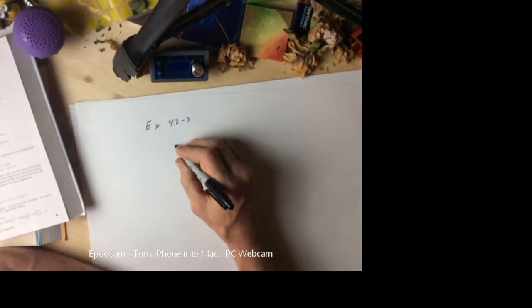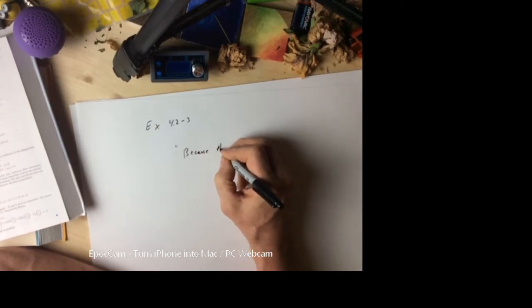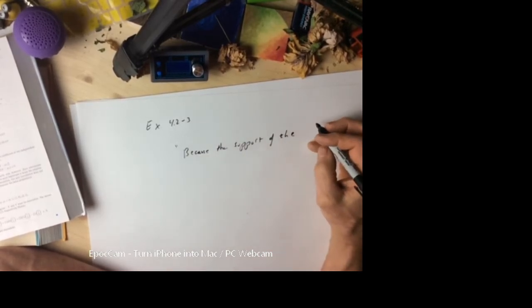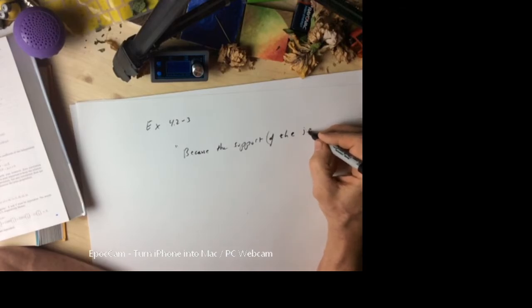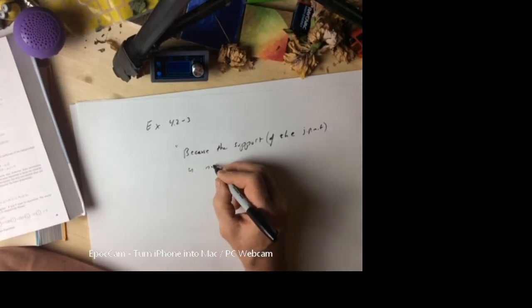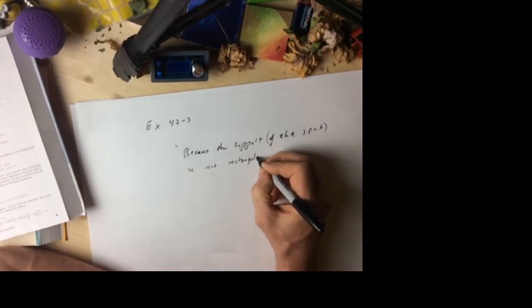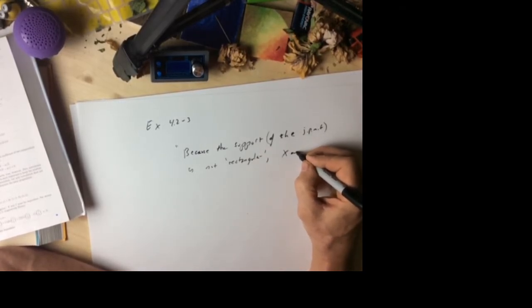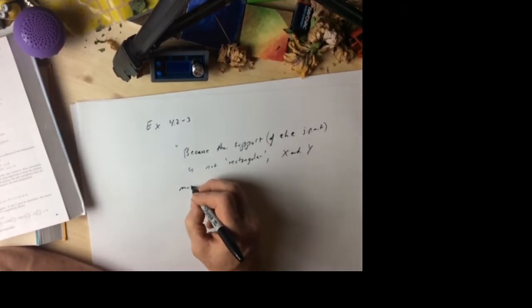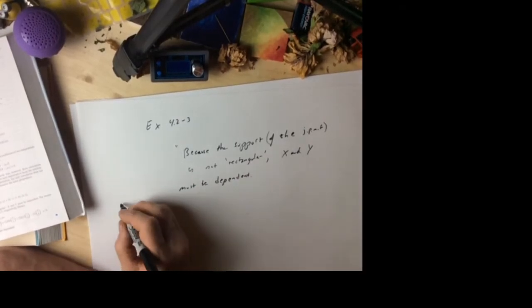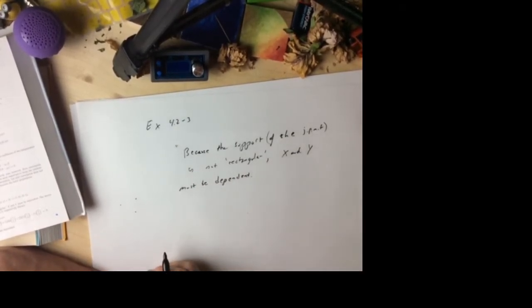It says, because the support of the joint PMF, which they didn't put in, is not "rectangular," and they put quotes around that, they say x and y must be dependent. That means it's just the picture of a PMF is enough to tell you that it can't be an independent set.